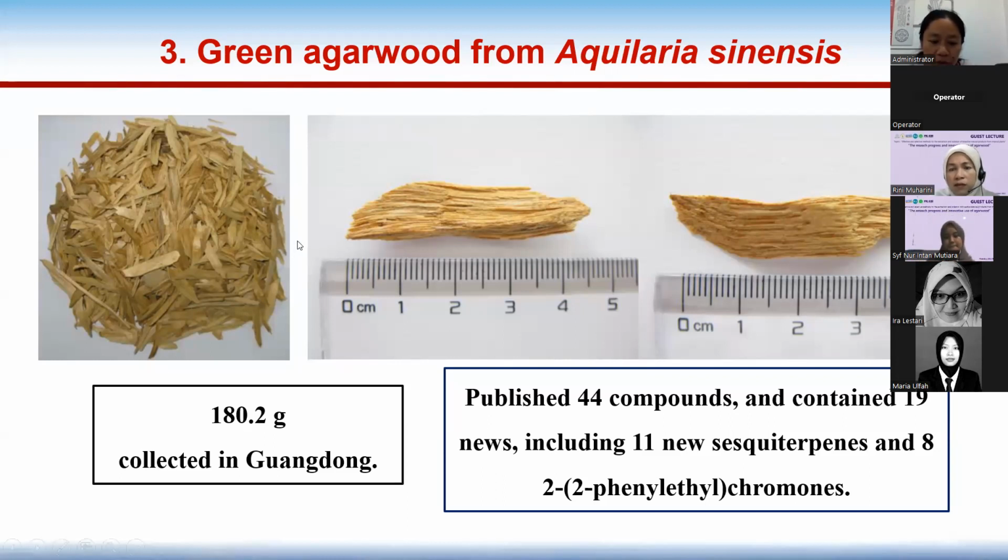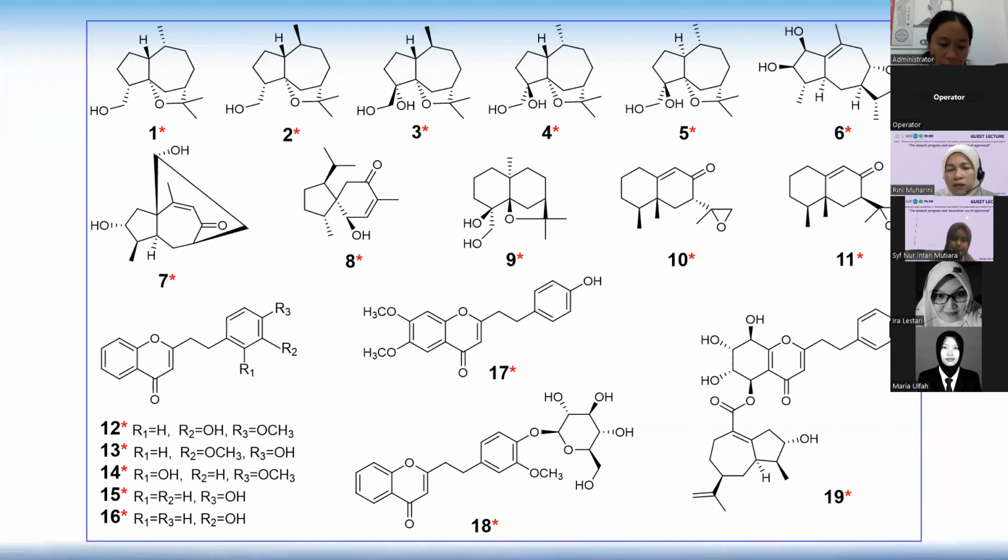And from this green agarwood, we have published 44 compounds and 19 of them are new, including 11 new sesquiterpenes and 8 new 2-(2-phenylethyl)chromones. And the types of new sesquiterpenes we isolated from the sample include guaiane type, like compounds 1 to 7, and also acorane type sesquiterpene like compound 8, and also agarofuran like compound 9.